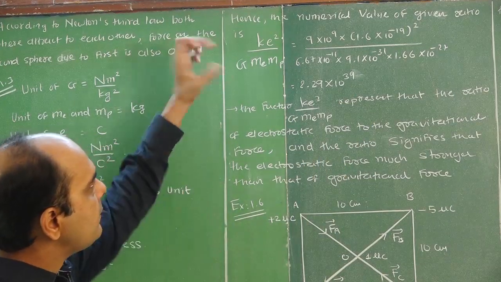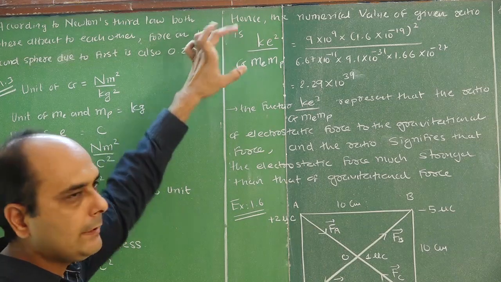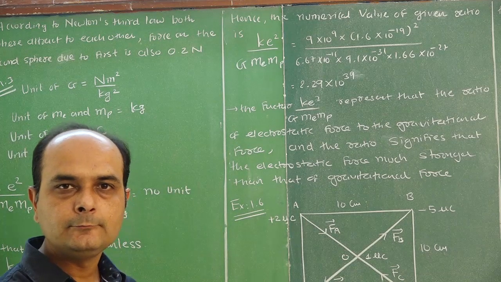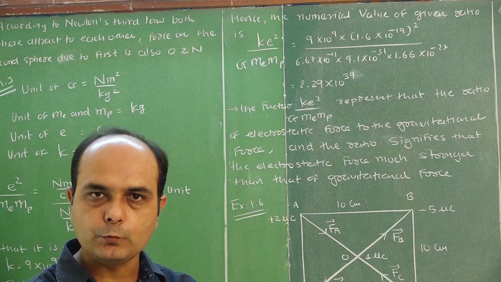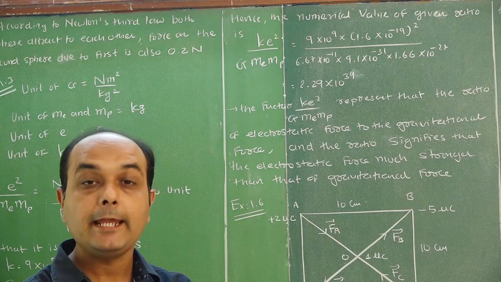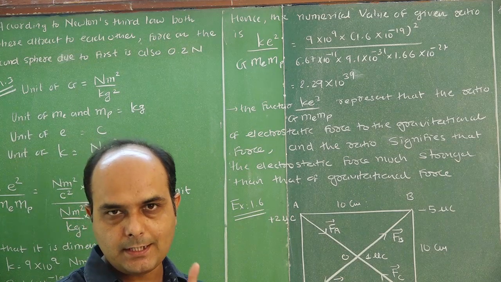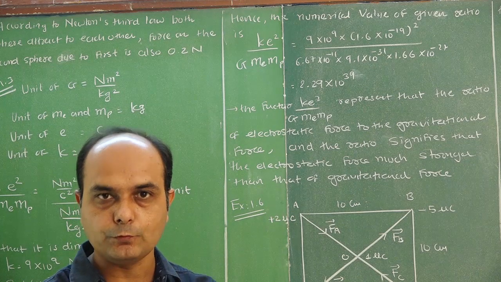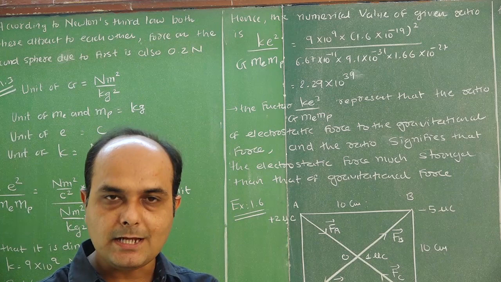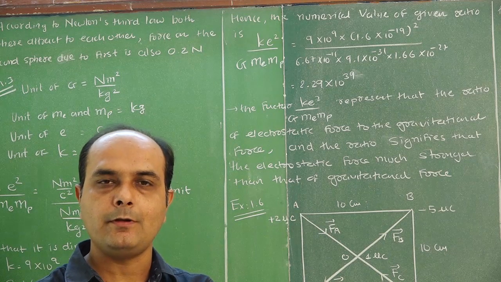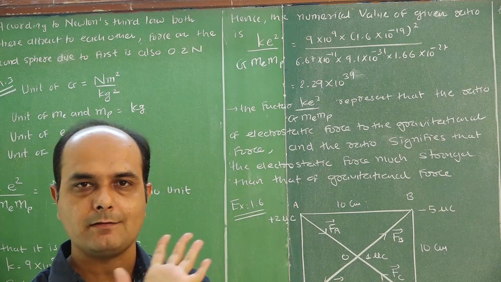Student, this equation represents the ratio of the electrostatic force to the gravitational force acting between the electron and proton separated by the same distance r.